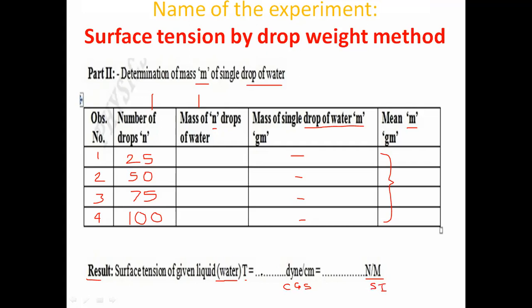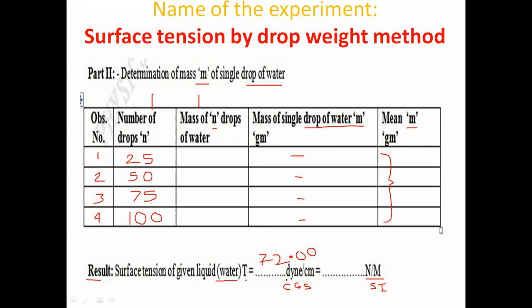So obviously the value should come near about 72 dyne per centimeter. Dyne per centimeter means force per unit length. So for water, the value of surface tension is 72 dyne per centimeter, which is to be converted into Newton per meter.